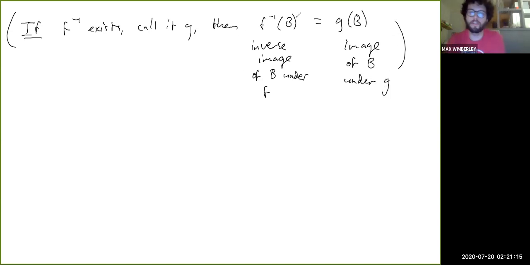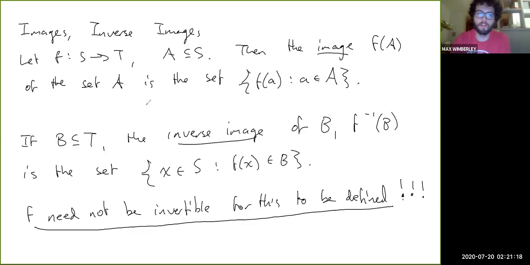So this is just saying that we have these two concepts here. One is mapping a set forward through a function, and one is taking a set and bringing it backwards through a function.